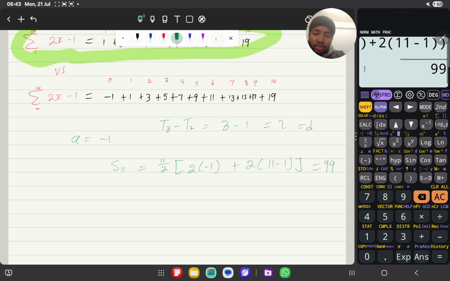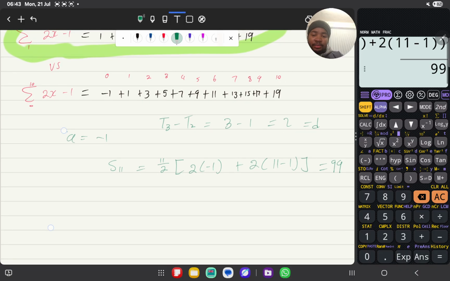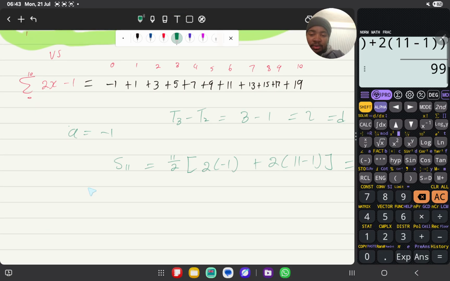And also now look at this. The formula for this can also be Tn equals A plus n minus 1 D. A is minus 1, n minus 1, D is 2.